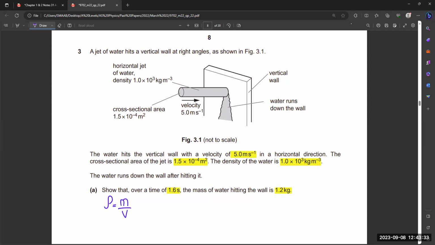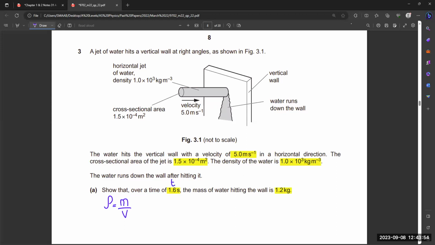We know that the speed is 5 meter per second, but they haven't given us the distance. The time is 1.6.